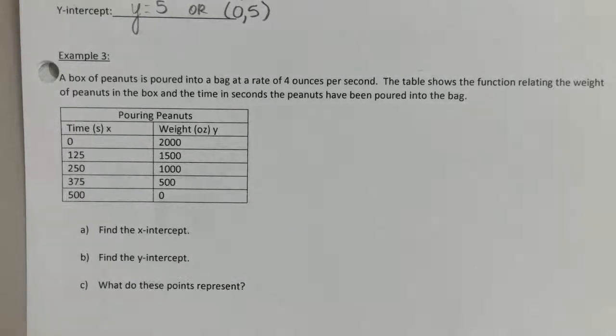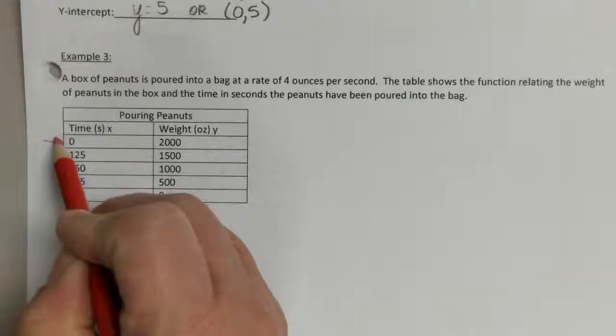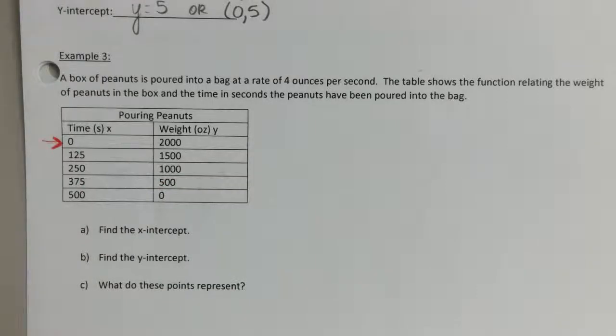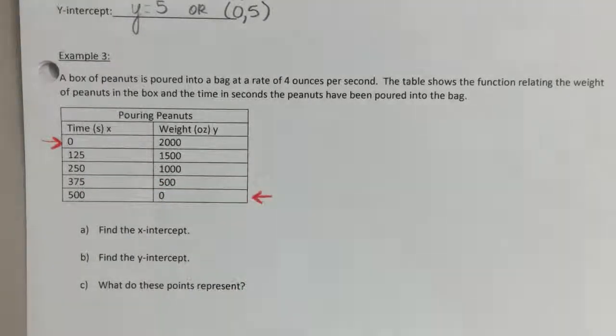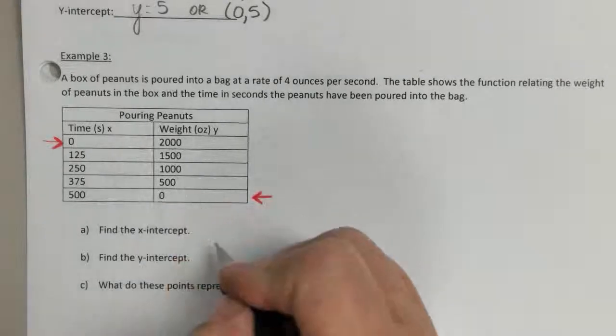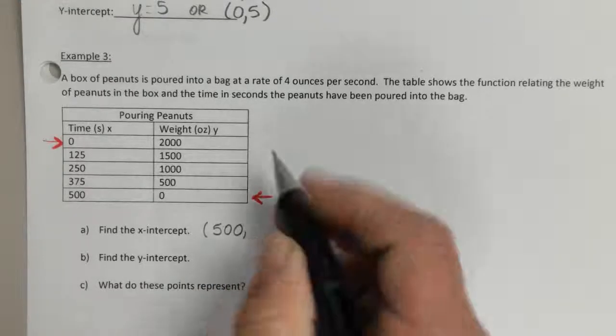So the way we can find our x and y intercepts is we look for the zeros in our table. We can see that when x is 0, that's going to be our y-intercept, and when y is 0, that's going to be our x-intercept. So the x-intercept would be the point (500, 0).